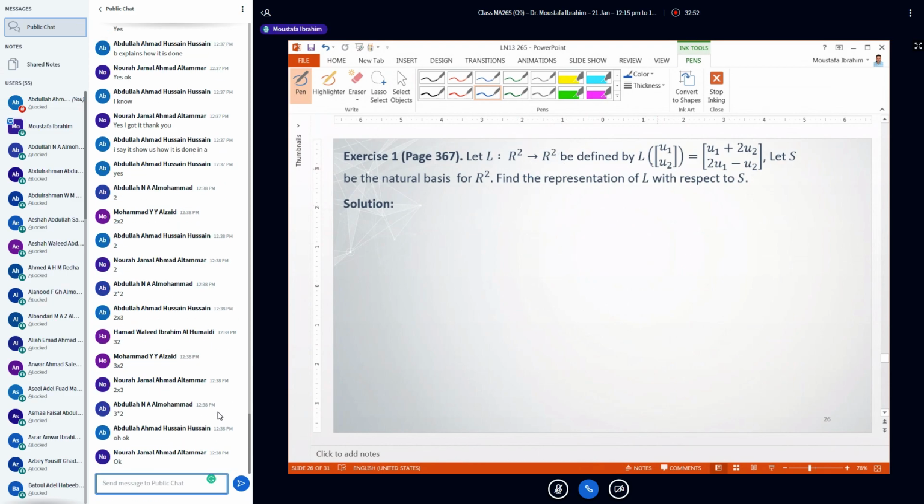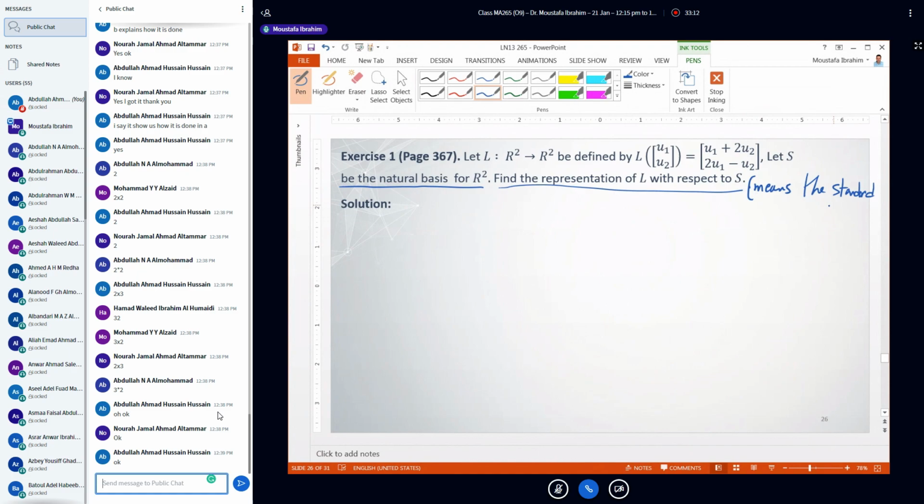Okay. Now, we want to find the representation of L with respect to S. What does S mean? S is the natural basis of R2. So here it means the standard basis. In ICA, I will tell you always standard basis, standard matrix. Okay, guys? It's better.